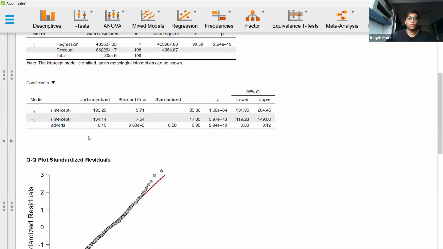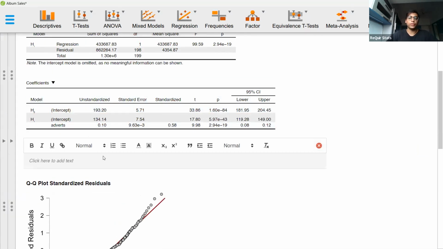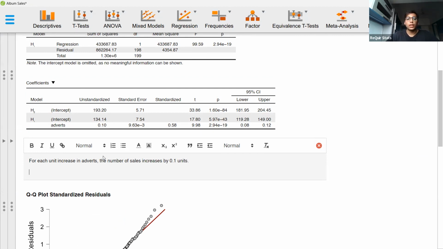So let me just write this to make it easier. So for that is how we can interpret.